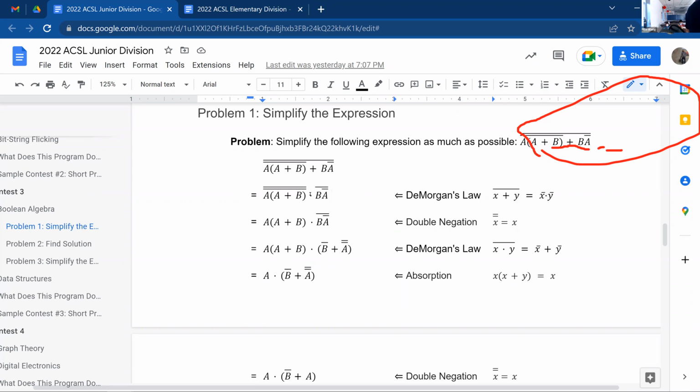And then we copy the next part down as it was, right? And now we can use this law to break that part. But actually, we don't need to do that if we consider what I did next, which is the absorptive law.